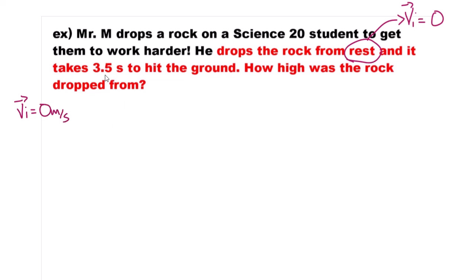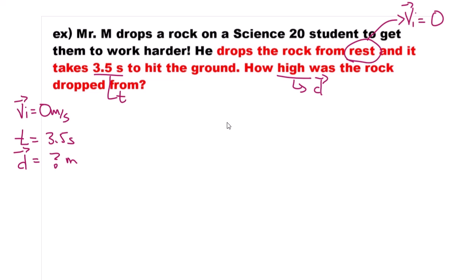It takes 3.5 seconds to hit the ground, so that's the time. 3.5 seconds. How high was the rock? Well, that's a displacement. So I'm looking for displacement, which is going to come out in meters. So it seems like those are the only numbers that I have.